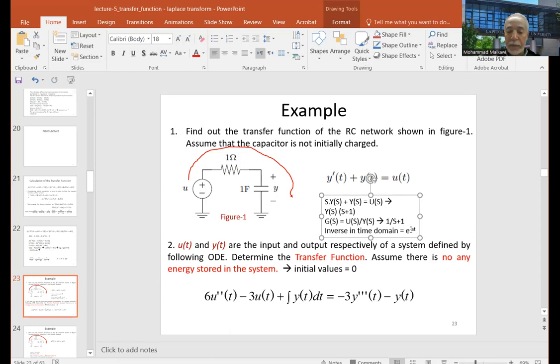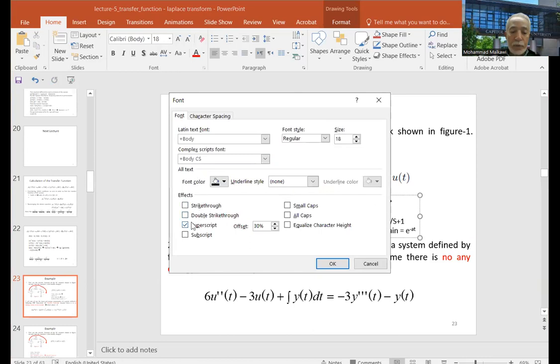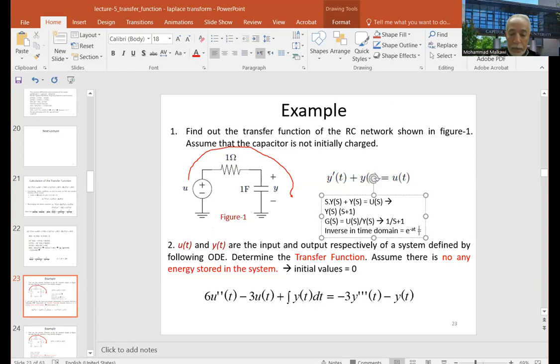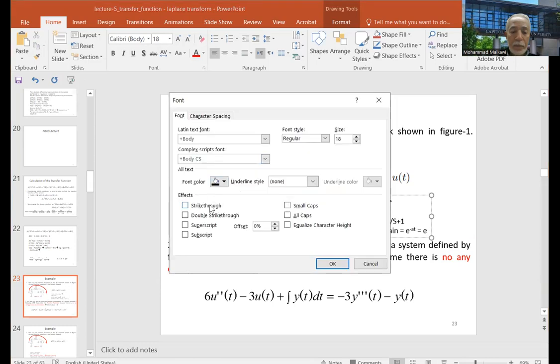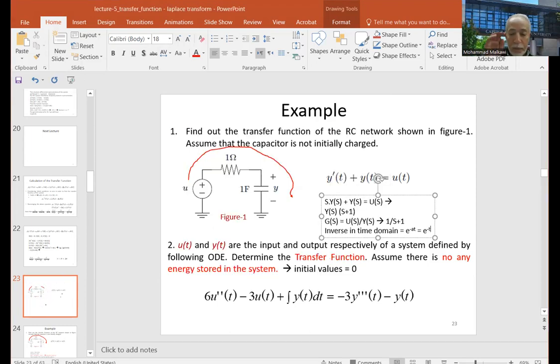That's the a here. So this a to e to the minus a t should be equal to e to the power minus t, because a is 1.